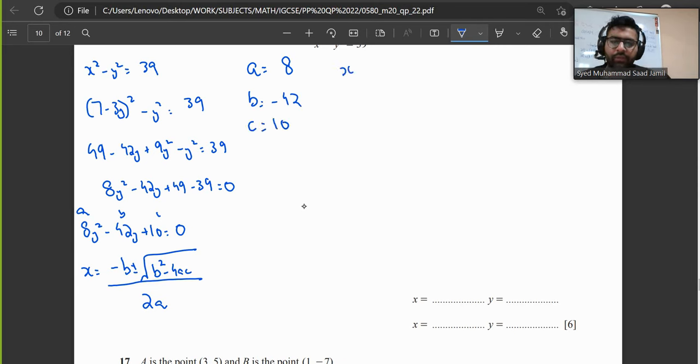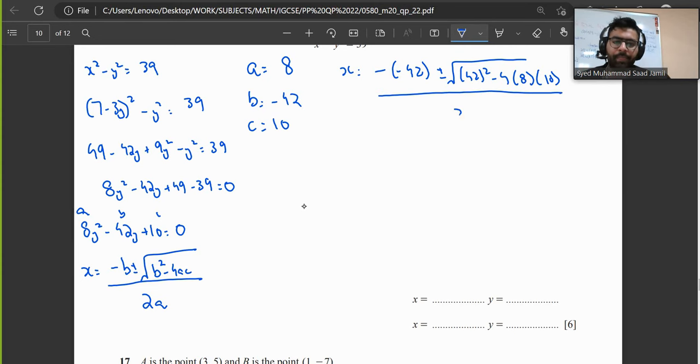So x is equal to minus b, so you will write minus minus 42 plus minus under root b squared, which is 42 squared minus 4 multiplied by a multiplied by 10 upon 2a, 2 multiplied by a. X is equal to plus 42 plus minus, just solve this thing. Let's just use a calculator.